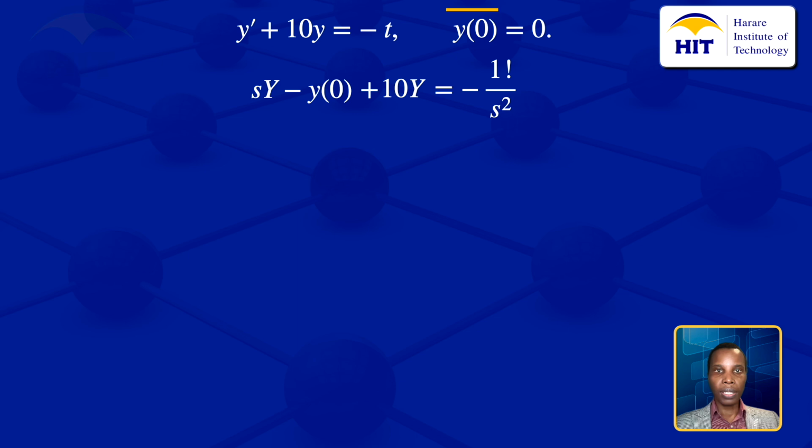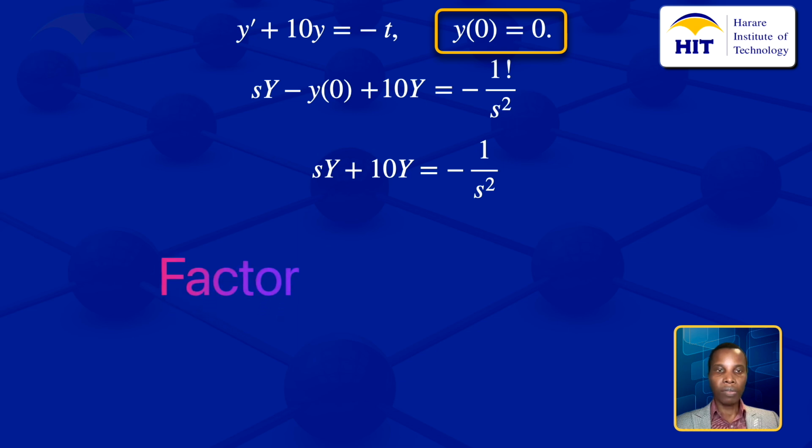But we are given this initial condition, y naught is equal to 0. We can substitute it on this part here, so it will be a 0 there. And this 1 factorial is just a 1, so that our equation becomes s multiplied by Y plus 10Y is equal to minus 1 divided by s squared.